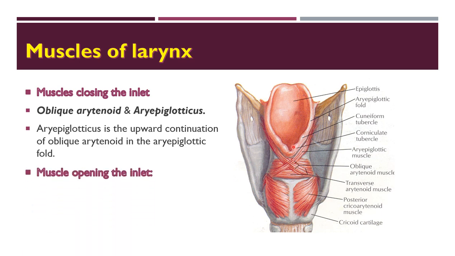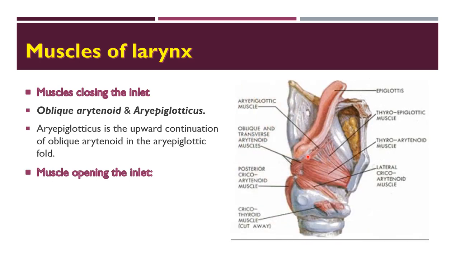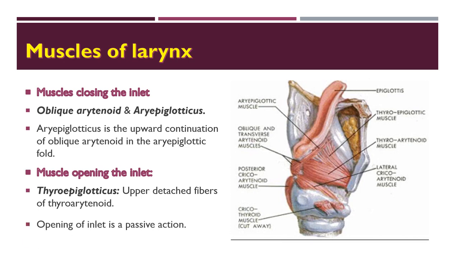And the muscle opening the inlet is, so here you are able to see the thyroepiglottic muscle. The thyroepiglotticus muscle is mainly responsible for opening the inlet. It is the upper detached fibers of the thyroarytenoid muscle itself. And opening is again a passive action, as I told you.